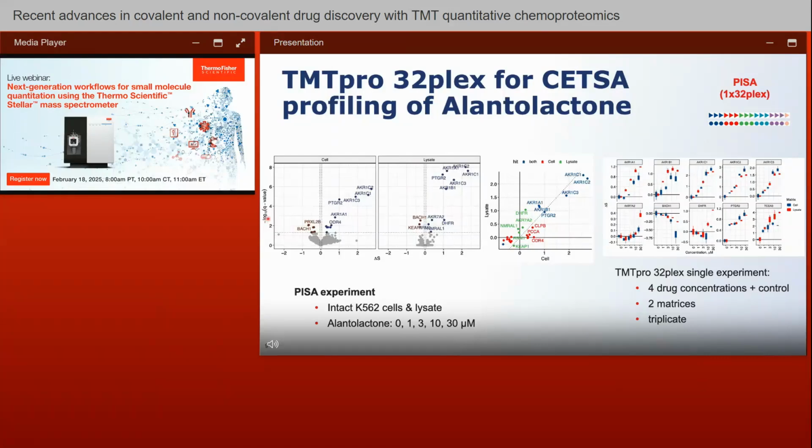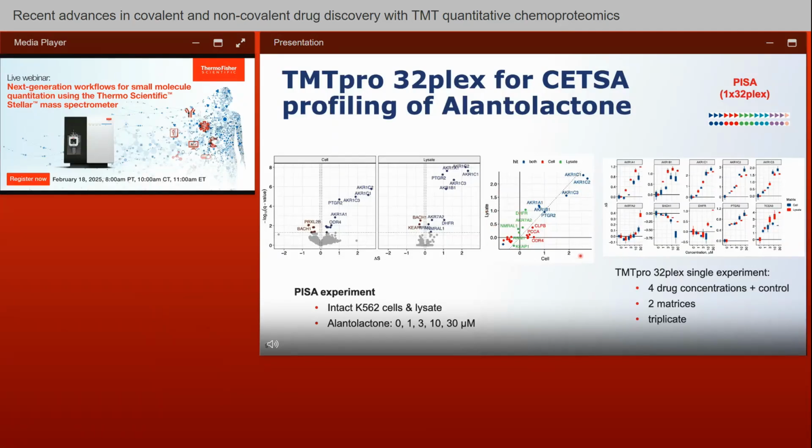Here the results are presented as volcano plots, where the y-axis corresponds to the significance of the observed compound-induced change and the x-axis corresponds to the thermal stability difference. Positive values correspond to an increase of stability, negative values to a decrease of stability. And in the middle, you can see the scatter plot of thermal stability changes detected in lysate and intact cells.